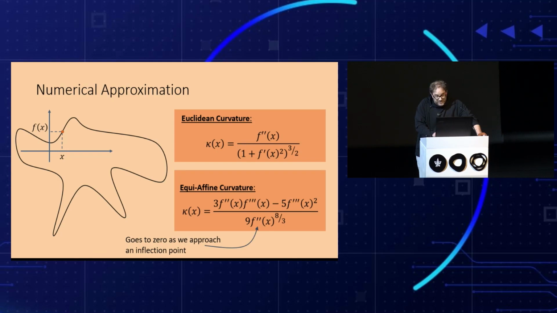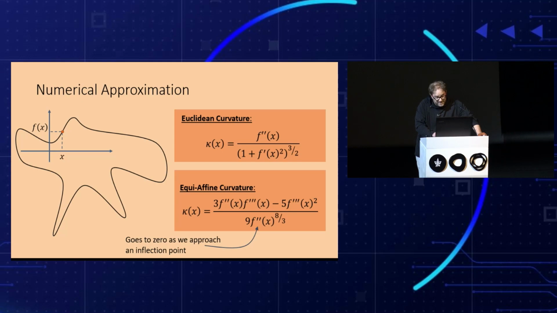If we now want to numerically approximate those differential invariants, for example the curvature, we hit some problems when we take the axiomatic approach, or the finite differences approach. While the Euclidean curvature can be numerically approximated in a stable manner, the equi-affine curvature is a bit more problematic.